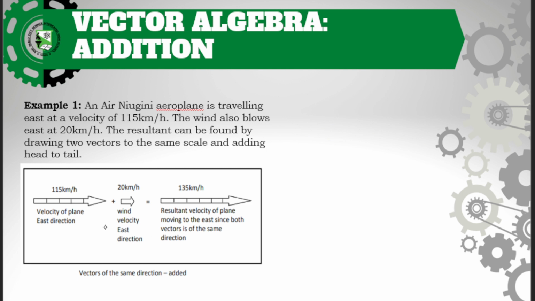Since both the airplane and the wind are going east, we add them up. 115 plus 20 is equal to 135 kilometers per hour, the resultant velocity of the plane moving east, since both vectors are in the same direction.